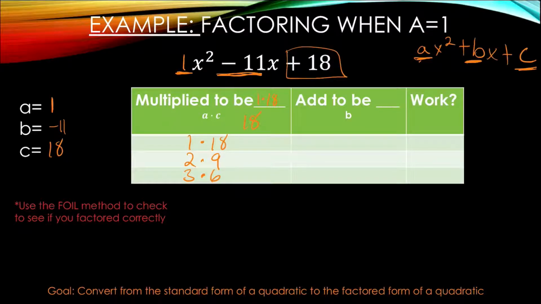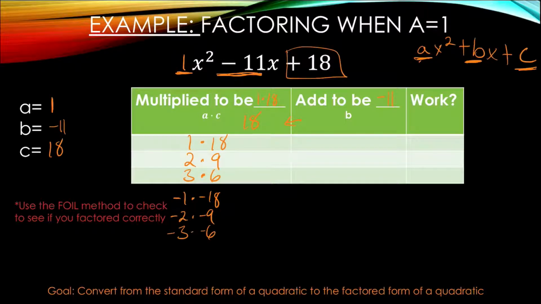Now we want to see what can be added to be a negative 11, which is my b term. I need something to add together to be negative 11. What I have to realize is that either both terms have to be positive or both terms have to be negative. You could write down all those: negative 1 times negative 18, negative 2 times negative 9, negative 3 times negative 6, if that helps you.